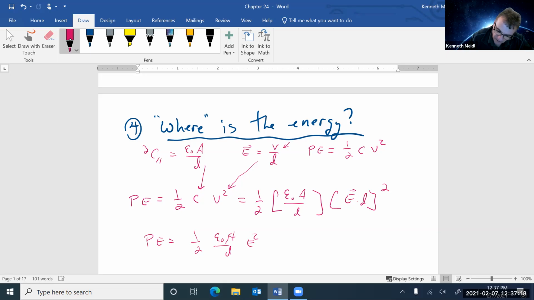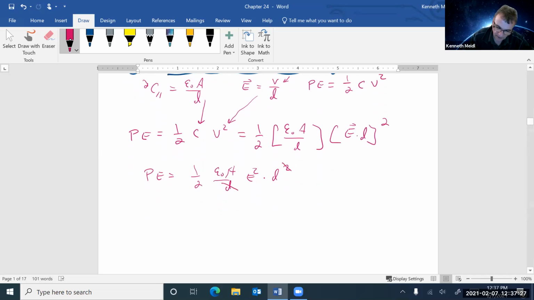And then you have E squared and you have D squared. So that D is going to take out a D here. And so what's left standing here is 1/2 epsilon 0, A times D, and I have E squared here.